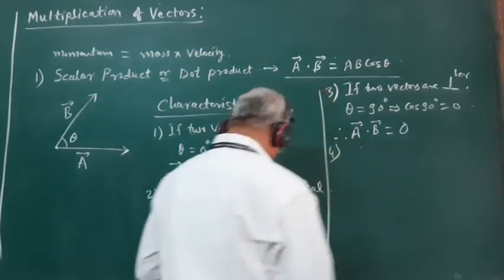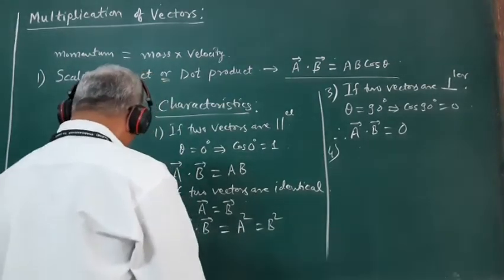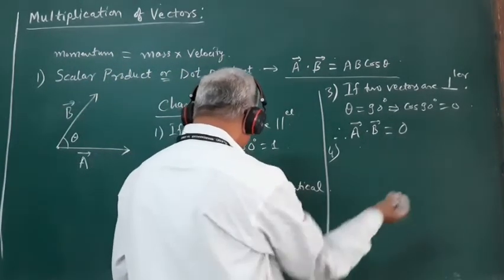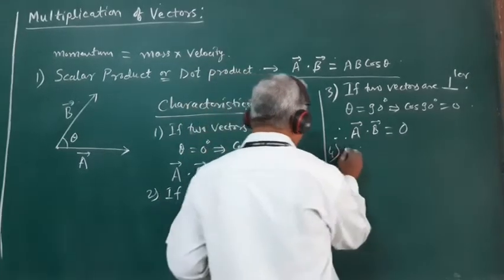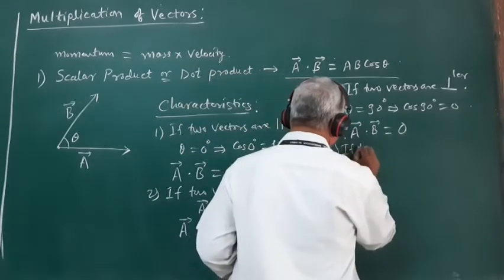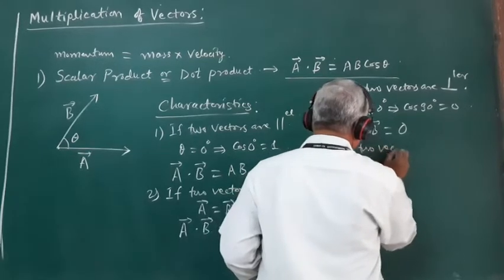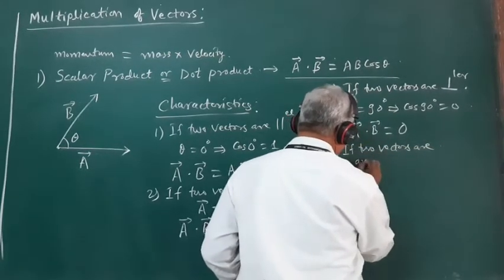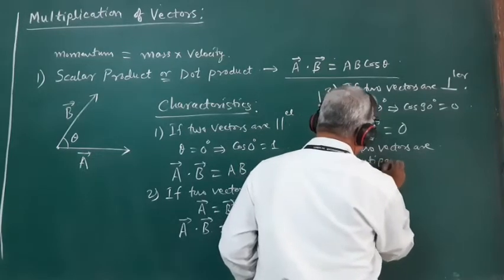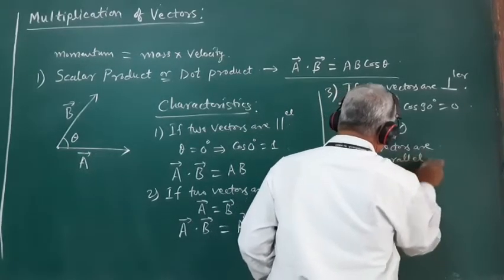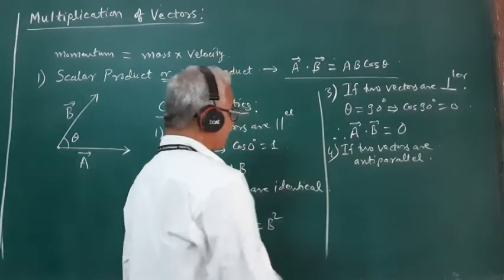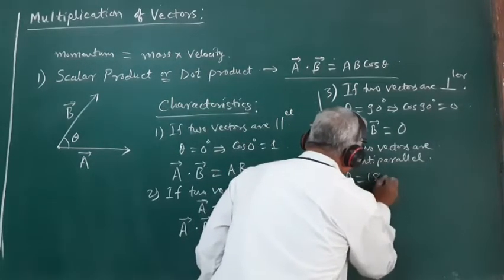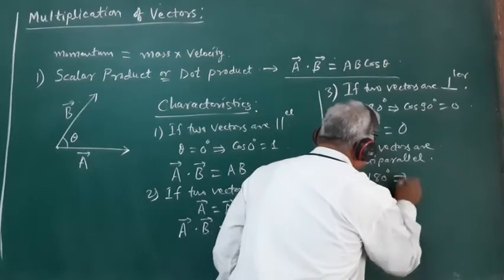The fourth characteristic of the dot product is that if the two vectors are antiparallel, which means that theta is equal to 180 degree.